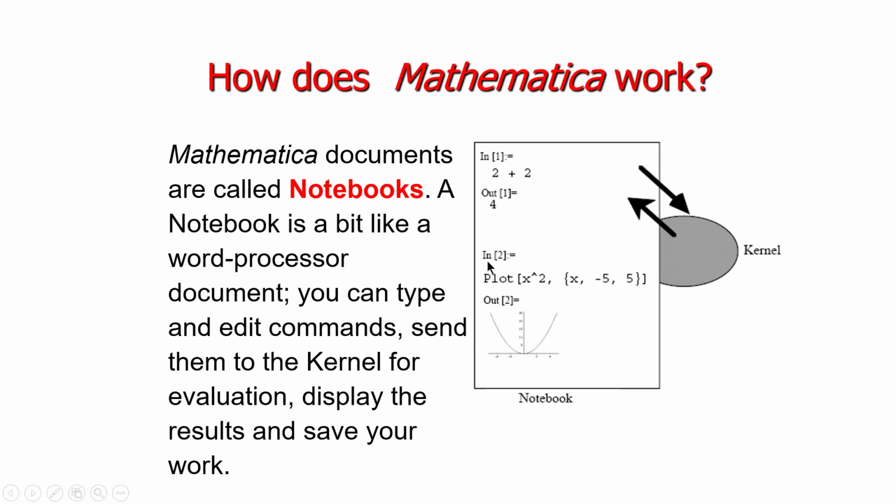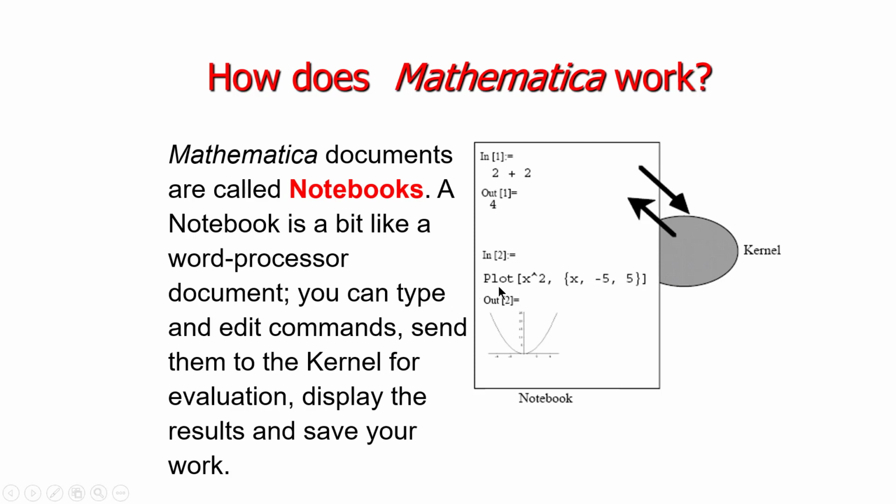Similarly, if you give a second input, let's say you are interested in plotting the equation f of x is equal to x squared. This is a parabolic equation. If you want to plot it, you need to use the built-in Mathematica command Plot, right?